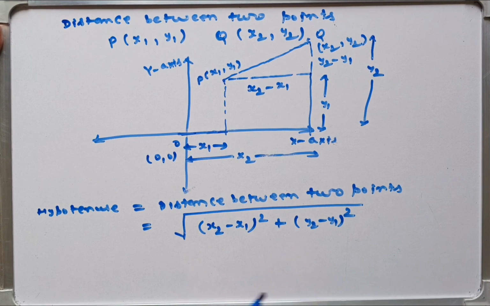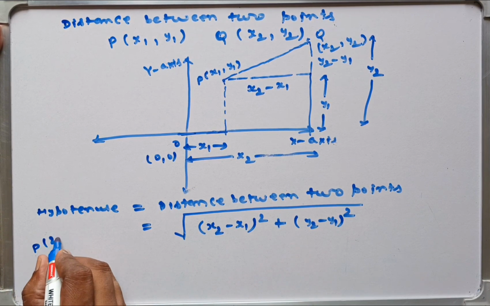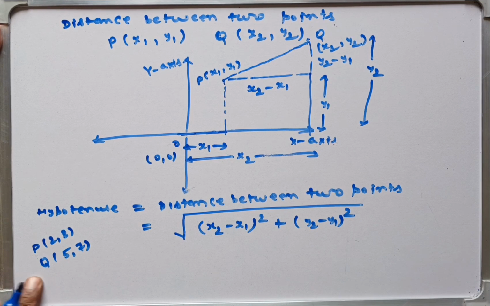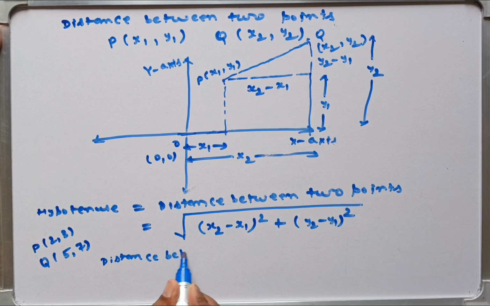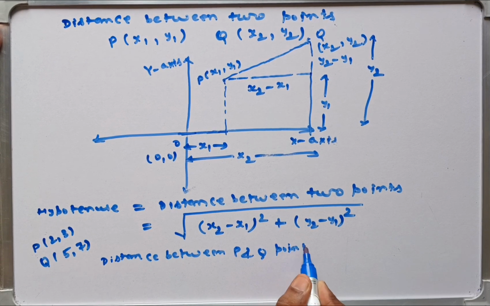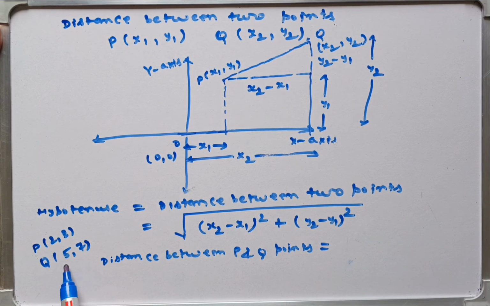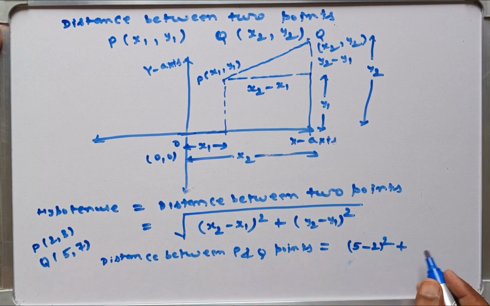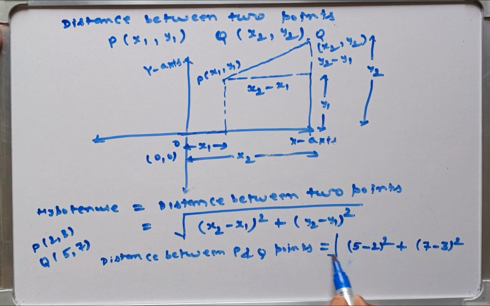Okay, so if the point P has coordinates 2 and 3 and point Q has coordinates 5 and 7, then what is the distance between these two points? The distance between P and Q is equal to, here x2 equals 5, so we write 5 first, then subtract 2, that is x1, whole squared, plus y2, so 7 minus 3 whole squared, and take the square root of this.